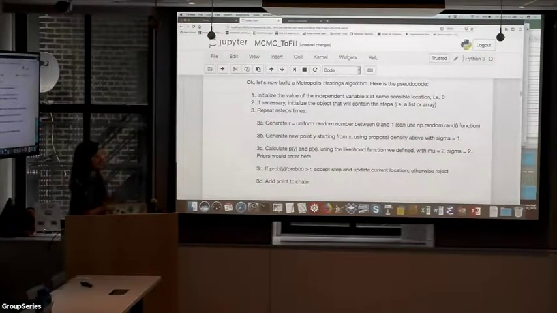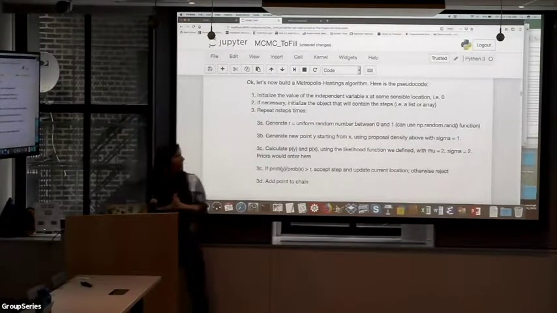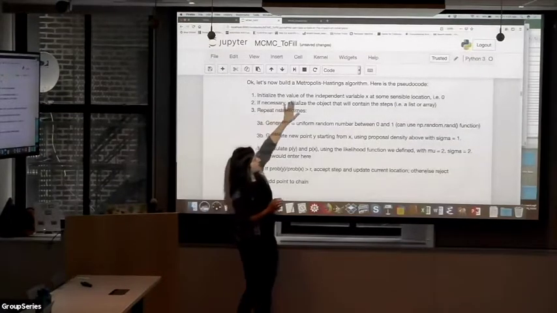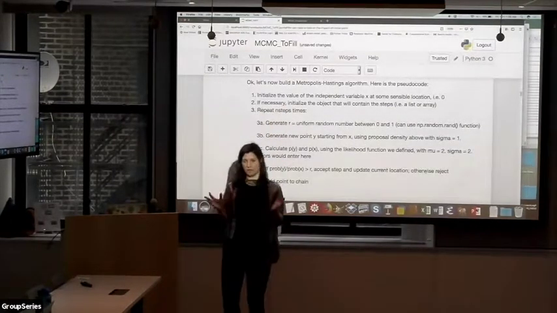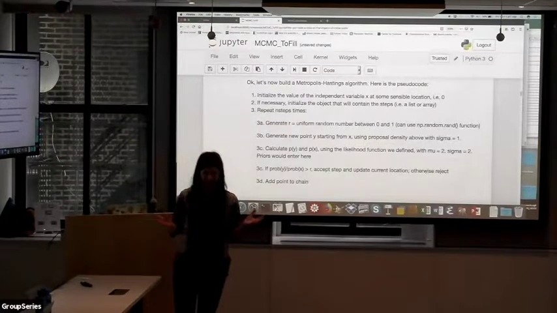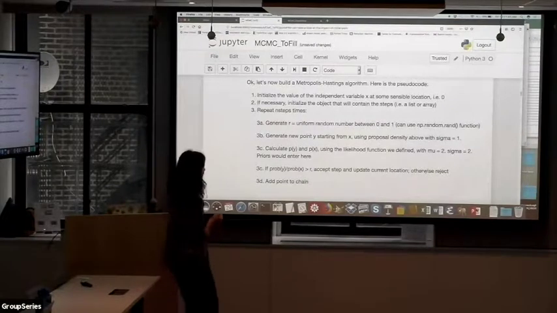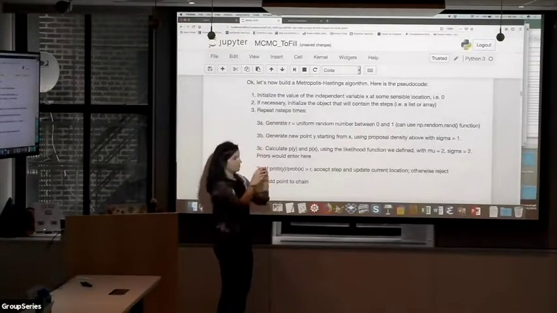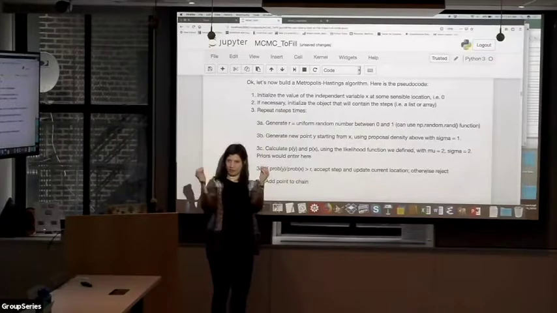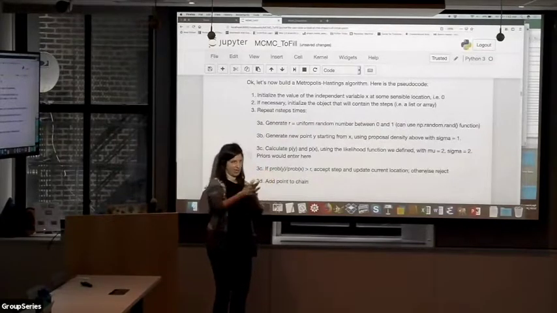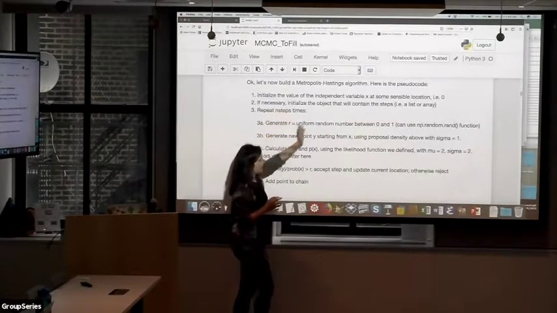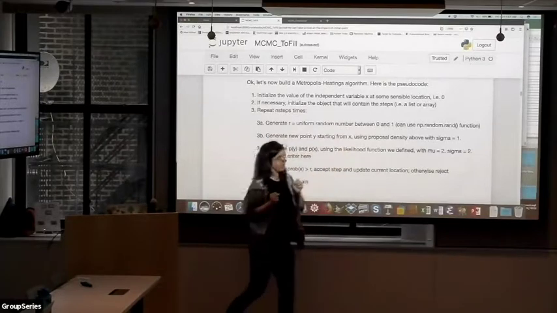So this is the pseudocode, where you initialize the value of the independent variable at some location, for example 0. It doesn't really matter too much, but you want to be somewhere not too far from where you're supposed to go. And then you create an object that contains the steps that you take, the chain, so you will probably need to initialize it as a list or an array.